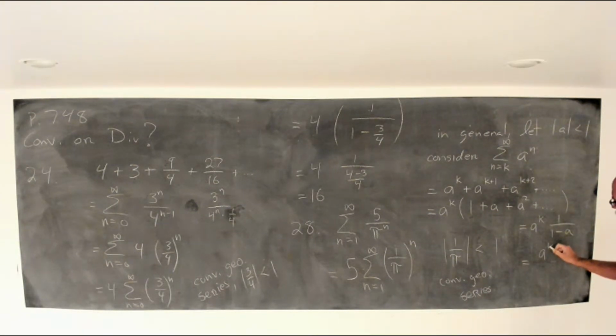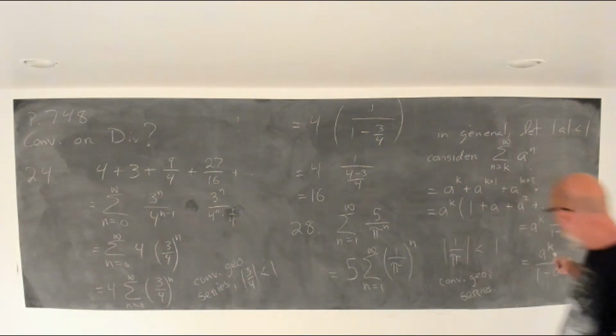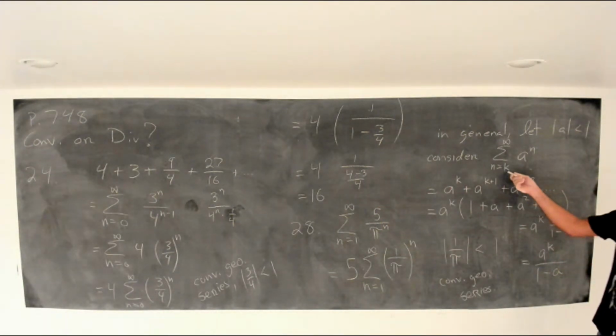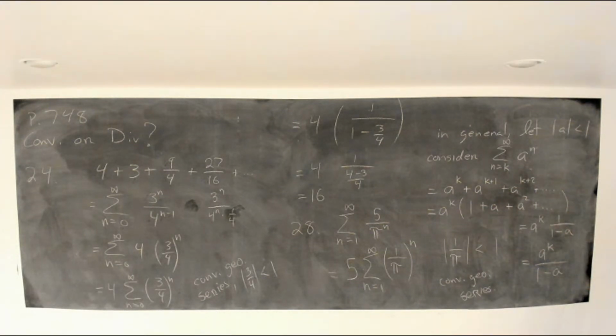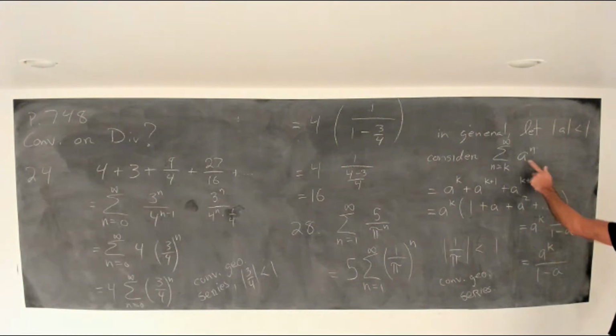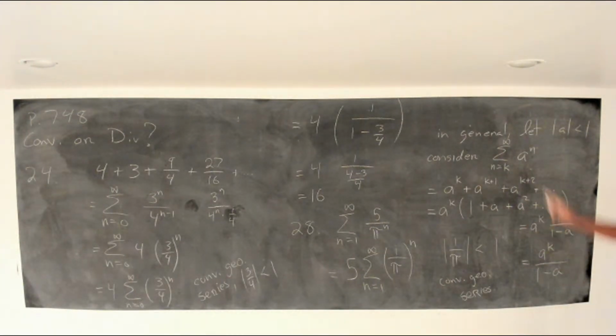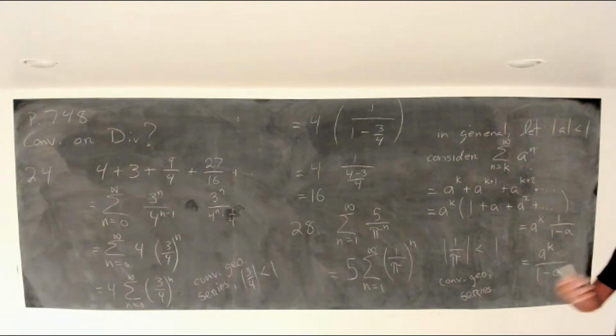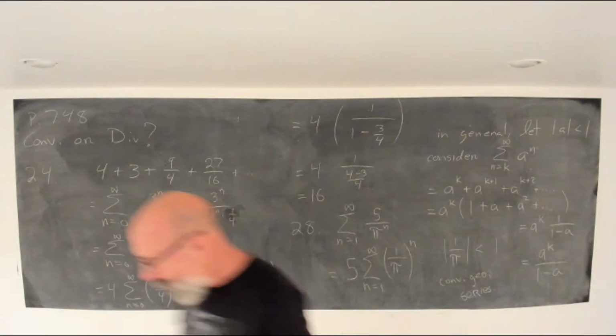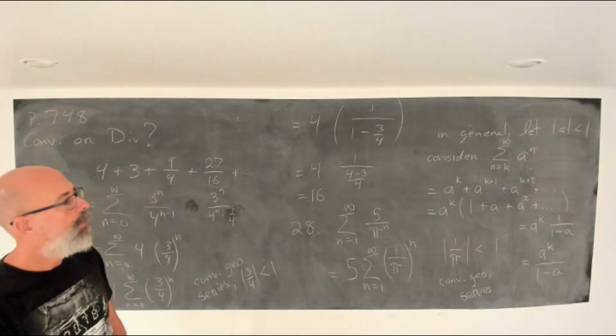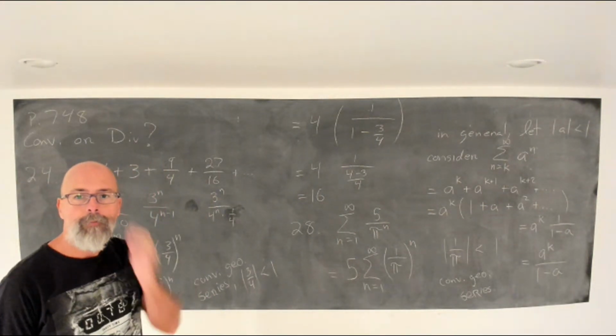We have a nice general result starting at any value k. And there is the result. It's really the first term over 1 minus a. If k is 0, the first term is 1, and that gives you the original result. So it's really a generalization of what we've seen before.